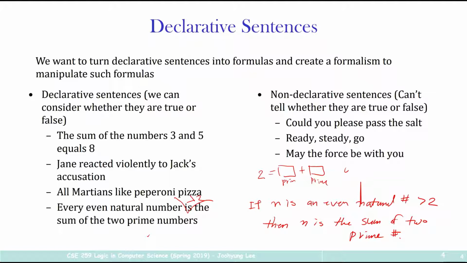So this is the new sentence that we're talking about, and I massaged the sentence into if-then form so that you can easily see what is the condition that you're giving. So true or false? That doesn't seem obvious, so why don't we just play with some examples?